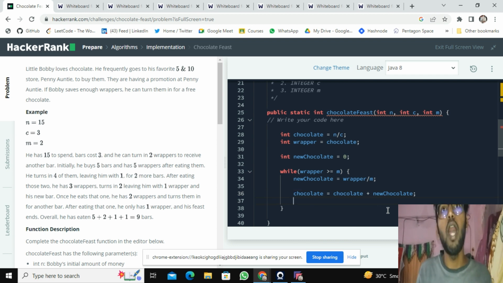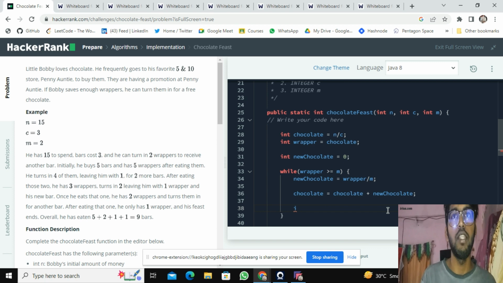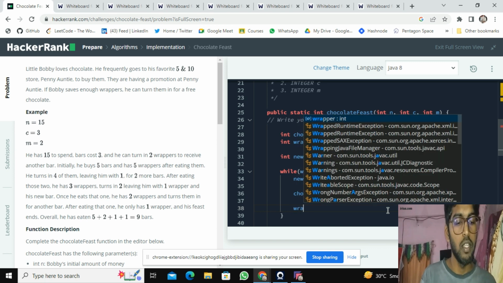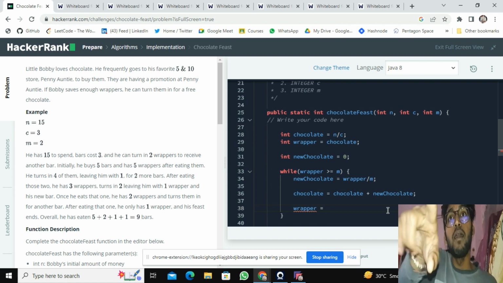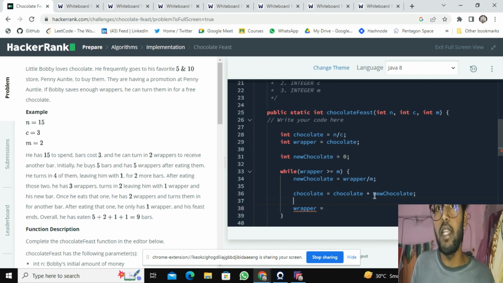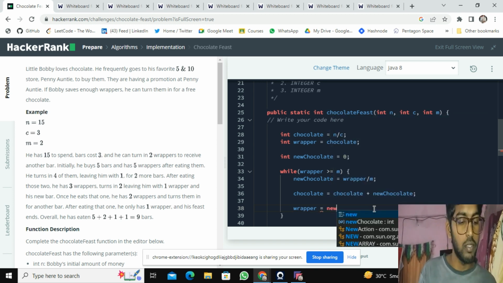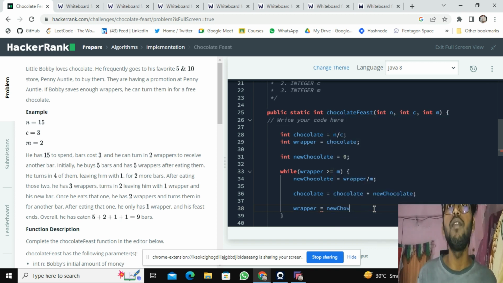Now how many wrappers are we left with? Not initialized again, because it is already initialized. So the wrapper will be the new chocolates I just got, since each will have a wrapper. Let's say two new chocolates, then two new wrappers. Five new chocolates, then five new wrappers. So the new wrappers will be the number of new chocolates I got.